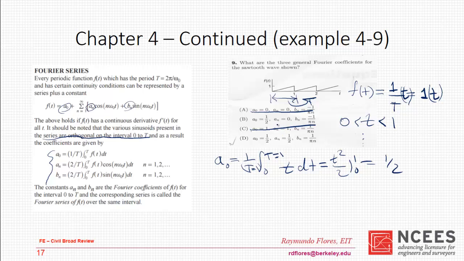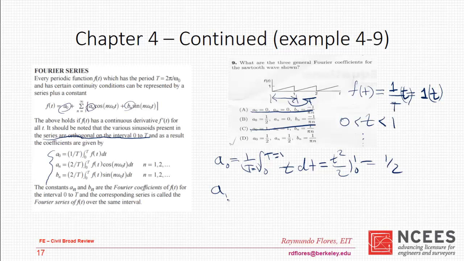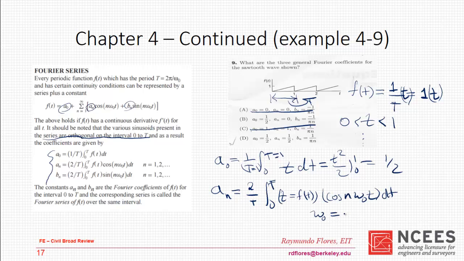If the integral goes to 0 for a_n, let's just check to make sure. Hopefully it does, but let's see. a_n is equal to 2 over 1. Just remember it's 2 pi times t, I believe.